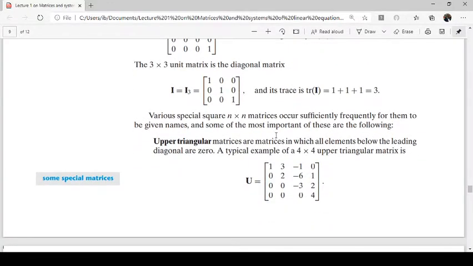There are special types of matrix. Where all the elements below the leading diagonal are 0, we call such a matrix an upper triangular matrix.